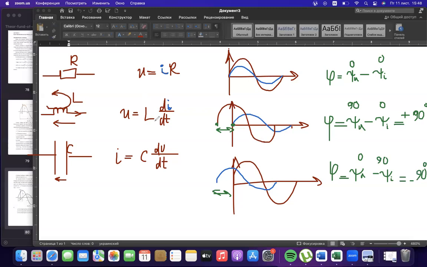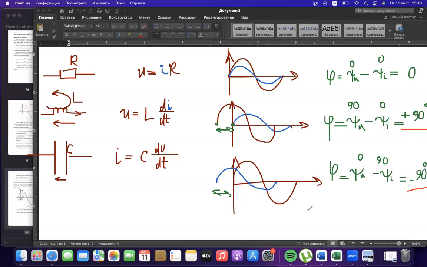If we have a combination of elements, then the shift angle will be in limits from plus 90 to minus 90. It could be plus 60, minus 45, plus 73, any numbers inside these boundaries.